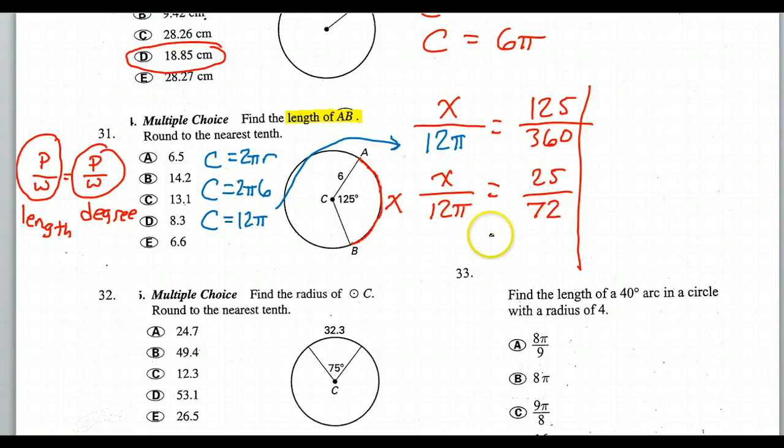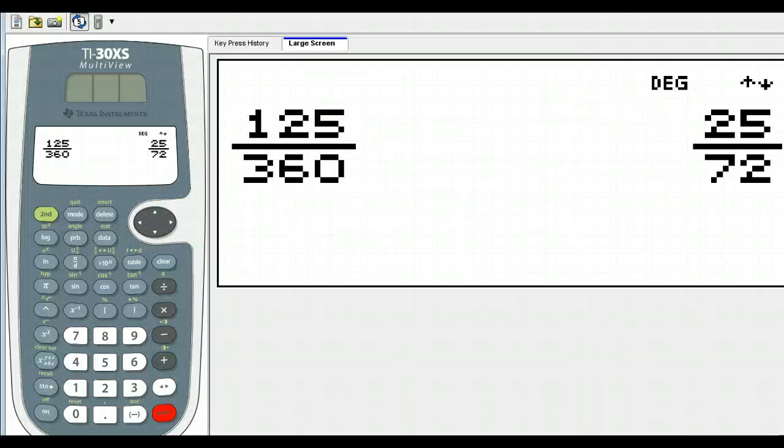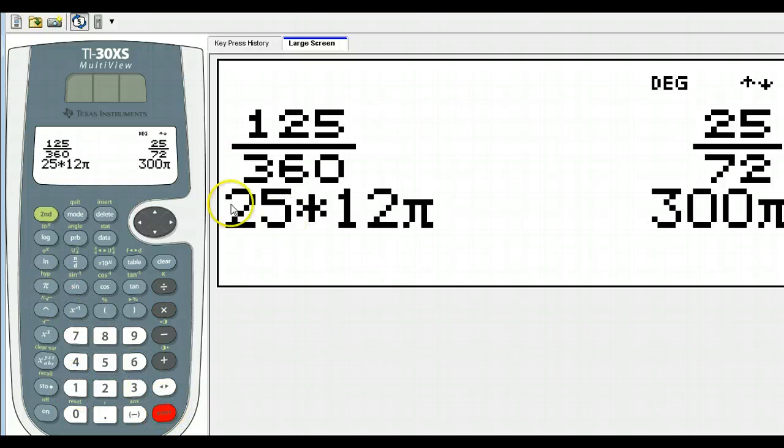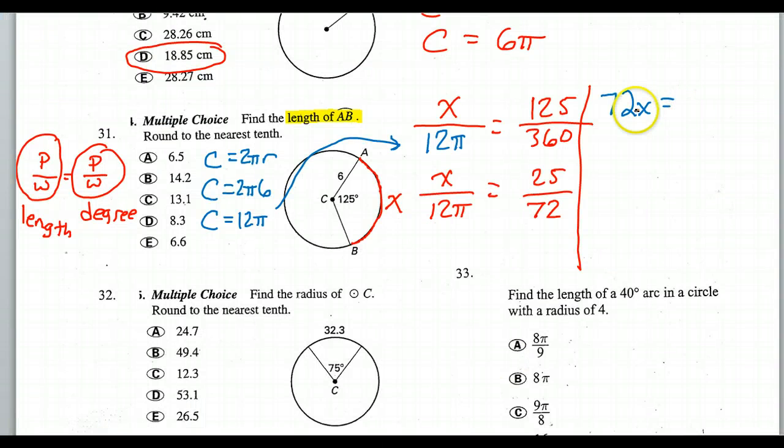So this is going to be 72x equals 25 times 12 pi. Will it give me a decimal if I put the pi right in here? No. 25 times 12 pi is 300 pi. So I have 72x is equal to 300 pi.